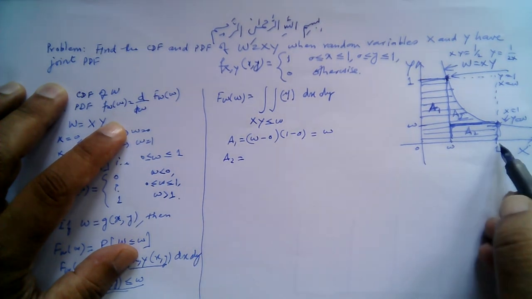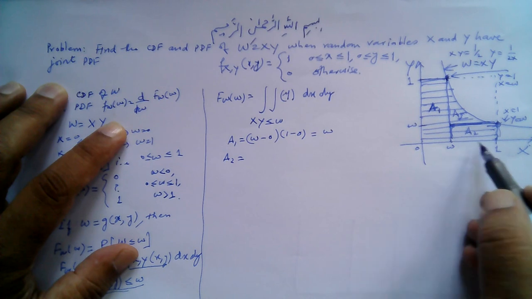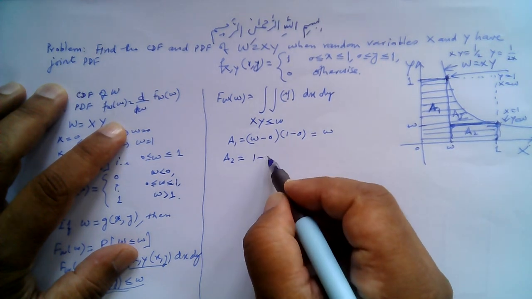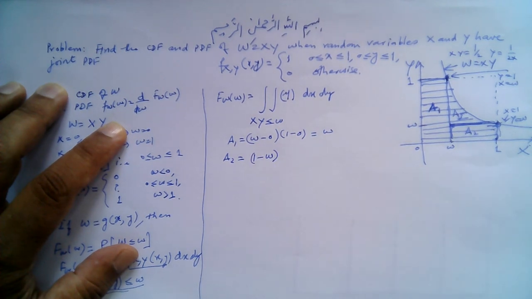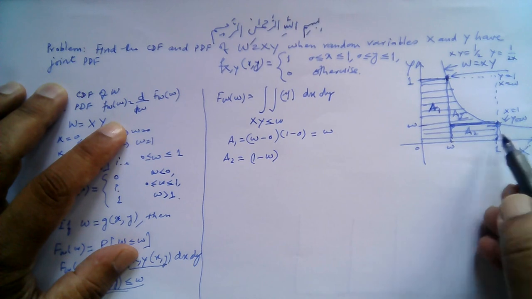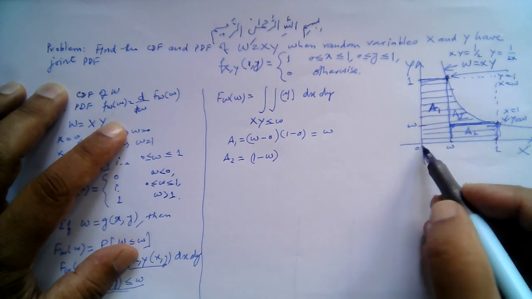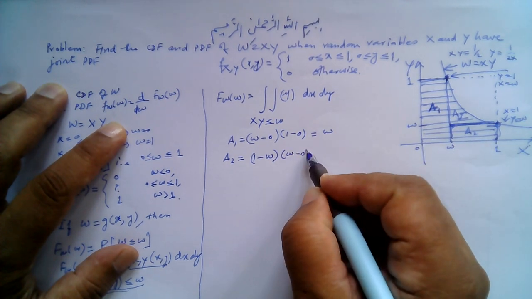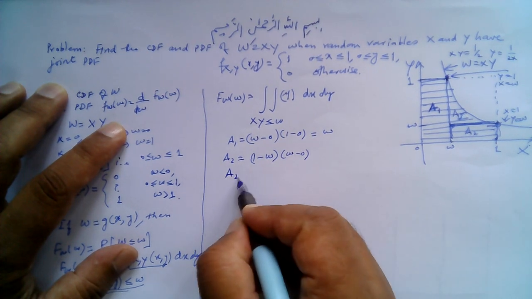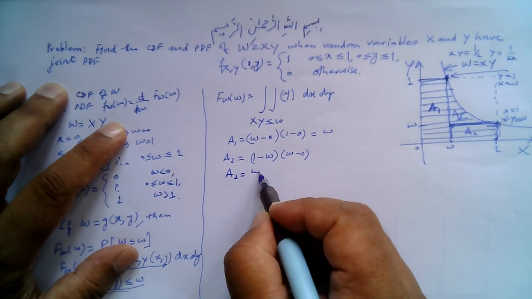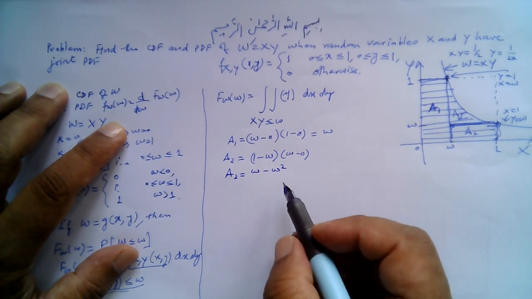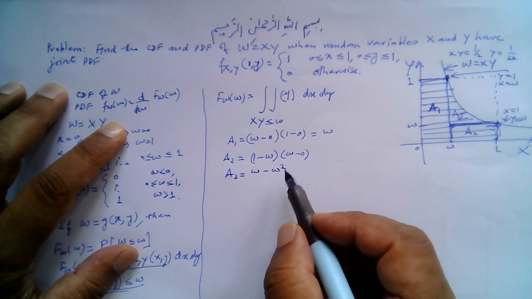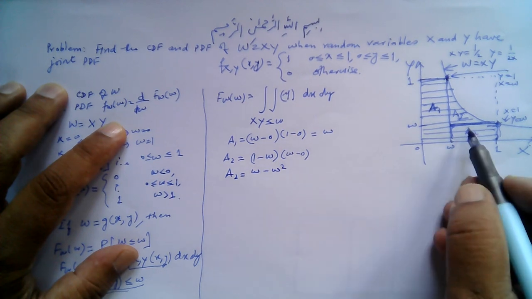This width here from this point to this point is 1 minus w along the x-axis, and along the y-axis we have w minus 0, right? So area A2 is given by w minus w squared. So this gives us the area A2. This gives us the area A1. We are left with finding area A3.